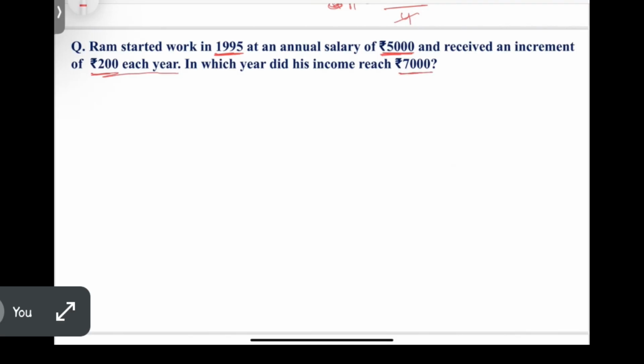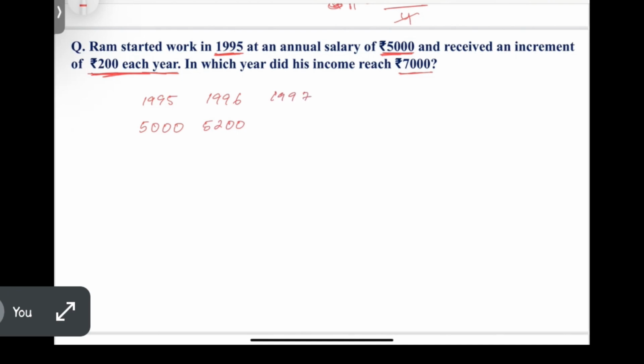So what is happening here is, I'll just write the pattern here. In 1995, Ram's salary was 5,000. But the question says each year there is an increment of 200. So in 1996, what will be the value here? In 1996, 5,000 plus 200 will be 5,200. In 1997 will be how much?